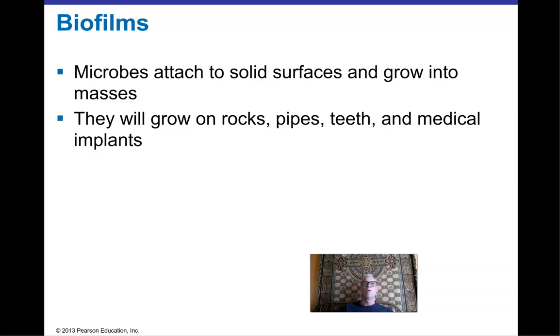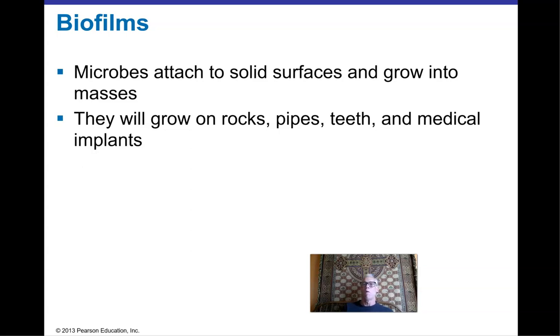Microorganisms, bacteria, when they grow to a certain density in a particular environment where there's a lot of nutrients for them, communicate with each other and begin to secrete some polysaccharides, some sticky sugar substances that will then enclose them, and you'll have a whole community of bacteria living within a mass of what's called a biofilm.